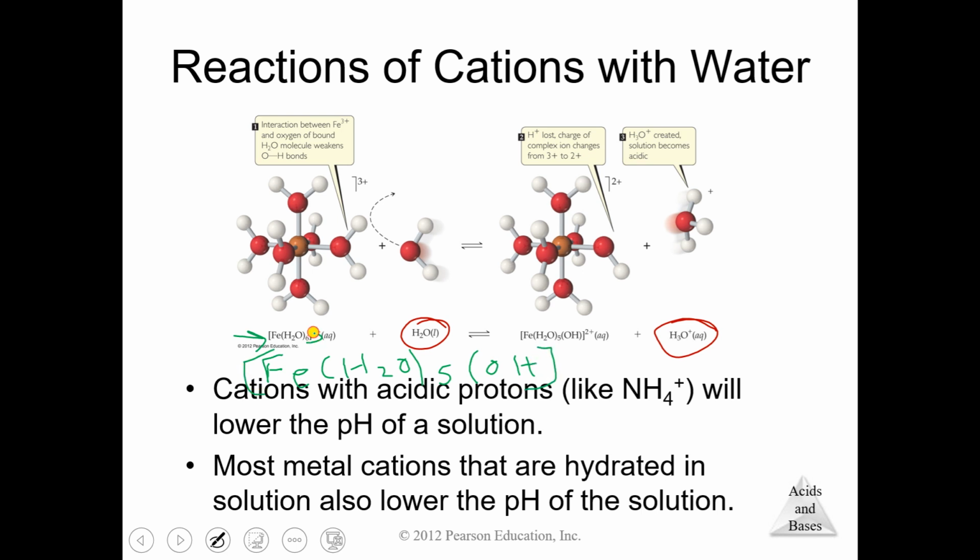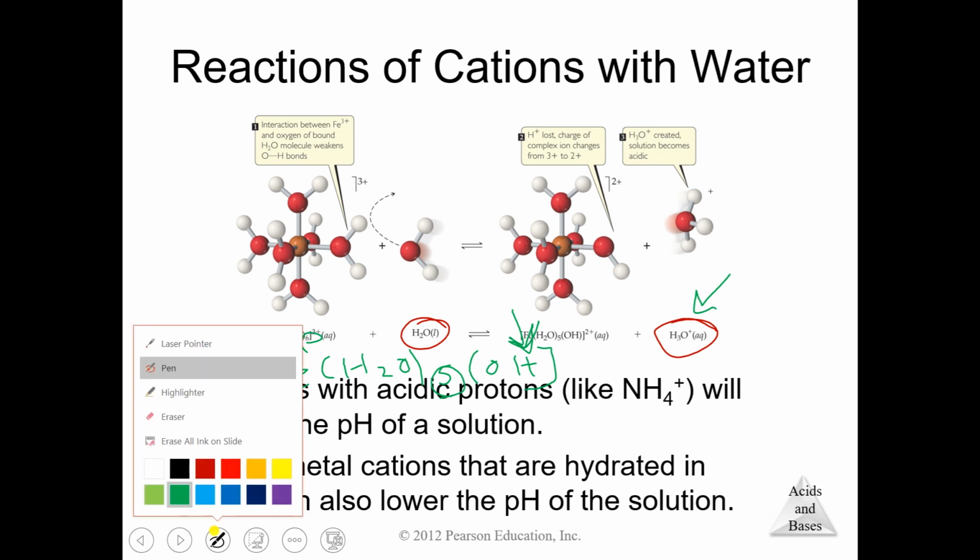Remember, because there were 6, now there's 5, so I'm just pulling off an OH, putting it to the side. It is this hydrogen that goes here. Yes, I realize there's a little typo there. I hope you caught that.